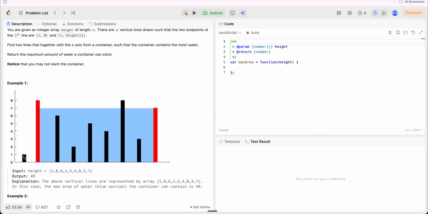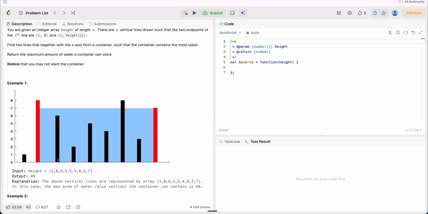The maximum water I can store is only of height 1, and the width can be 1, 2, 3, 4, 5, 6, 7, 8, right? That is how much water I can store over there, 8 units of water.